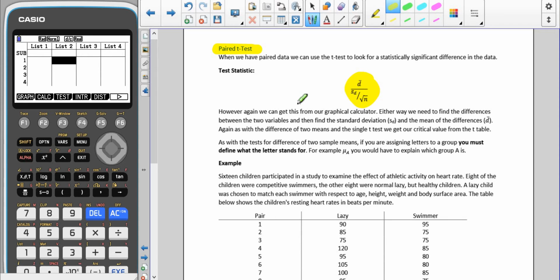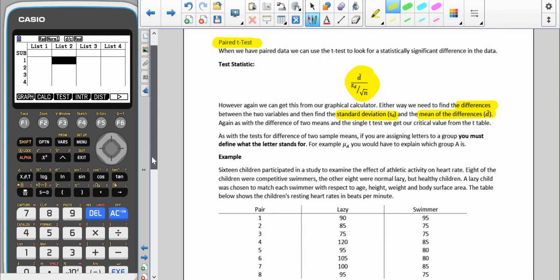However, because we have our graphical calculator, we are going to be using that instead to find our test statistic. Either way, you still need to find the differences between the two variables and the standard deviation of those differences and the mean of the differences.